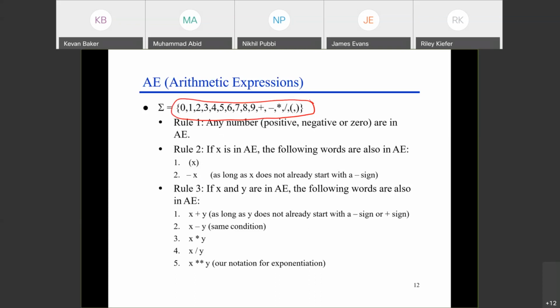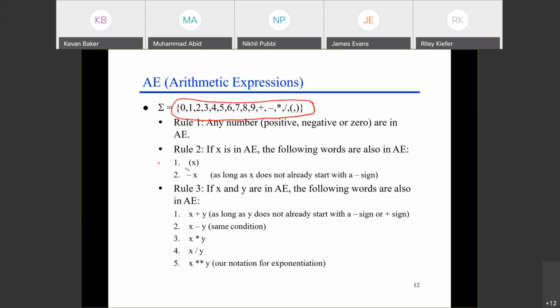And then you are saying that rule one, any number positive, negative, or zero are in arithmetic expression. Rule 2. If x is in arithmetic expression, the following words are also in arithmetic expressions. Okay.